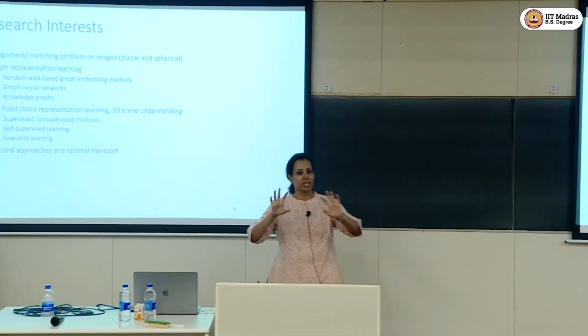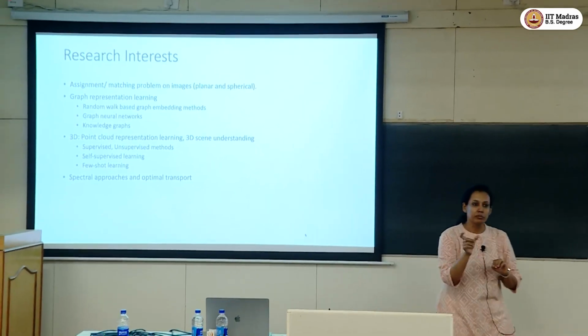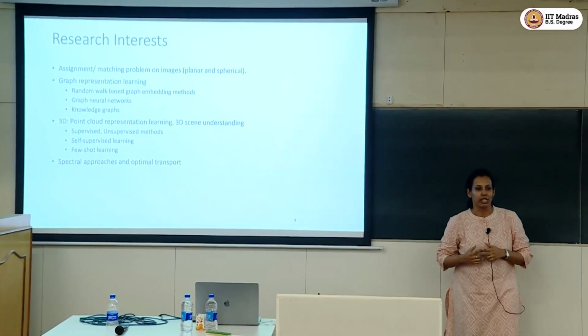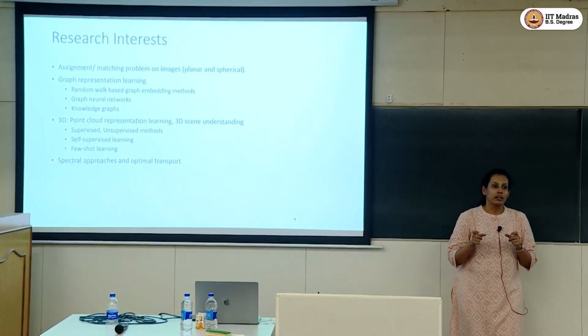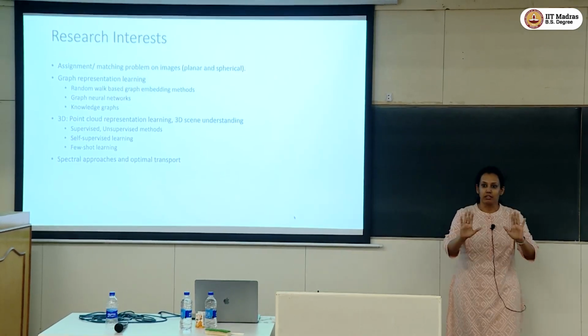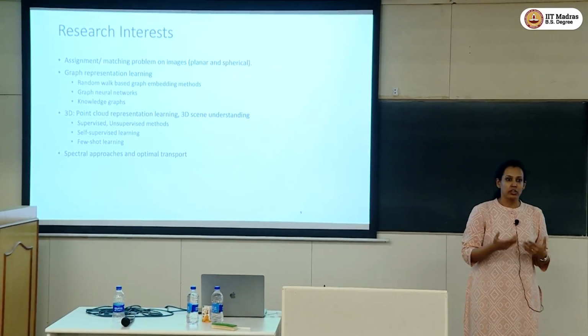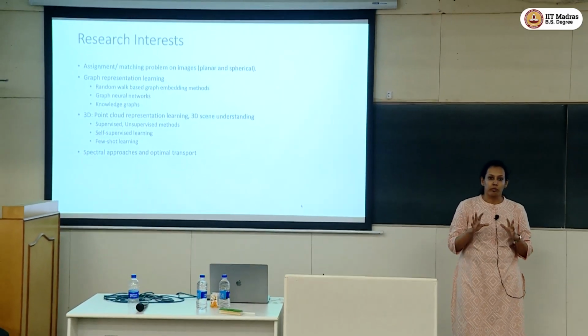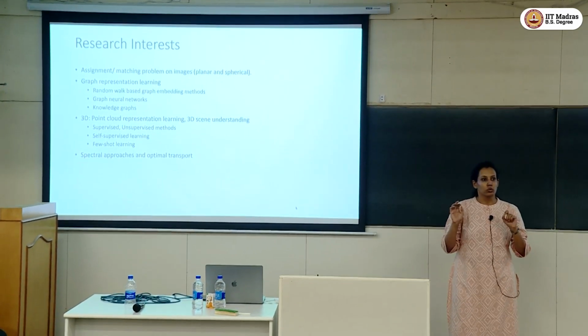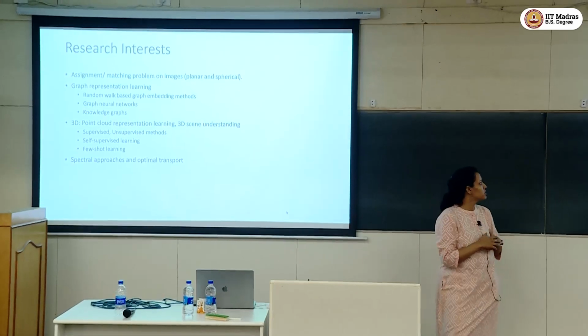We are taking a picture of the same scene, but the image would be distorted, because it's from different angles. Now can I find a correspondence between the landmark points in these two pictures? It's a matching problem. And in general, assignment problem is a combinatorial problem, right? So I worked on this during my PhD.